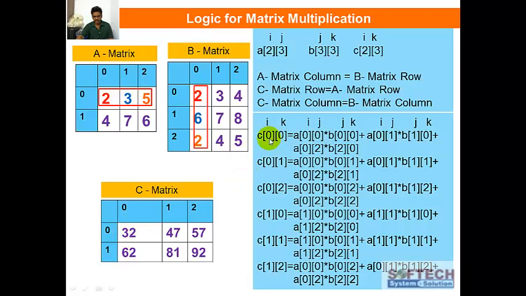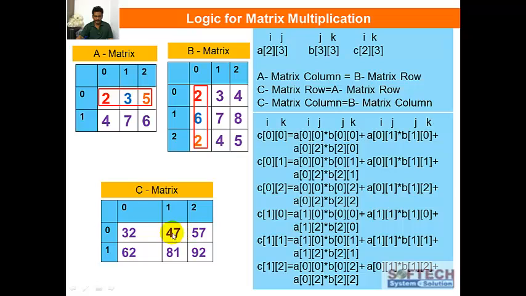These are the equations for that. This is the processing formula. If we want to find the C matrix 0th row 0th column value, it is equal to A matrix 0th row 0th column into B matrix 0th row 0th column, plus A matrix 0th row first column into B matrix first row 0th column, plus A matrix 0th row second column into B matrix second row 0th column.